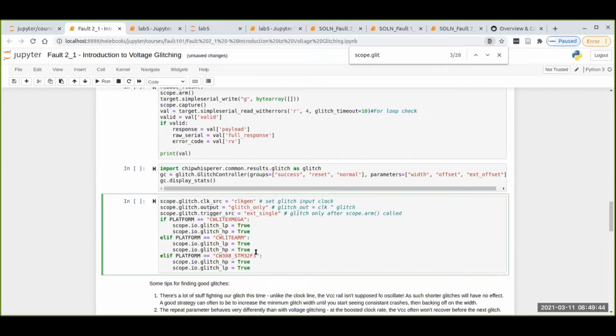So that entire cell is not useful in the Chip Whisperer Nano. Don't you like really clear instructions? Yeah. Cool.